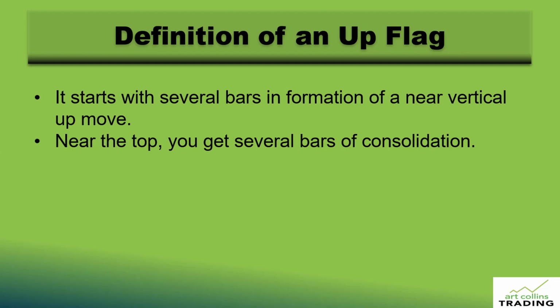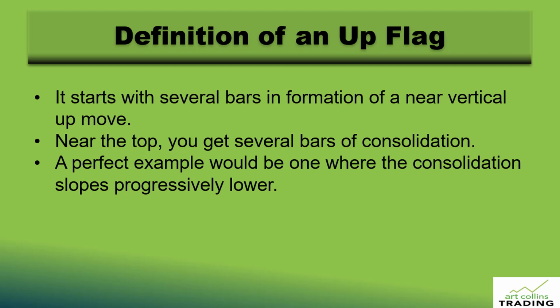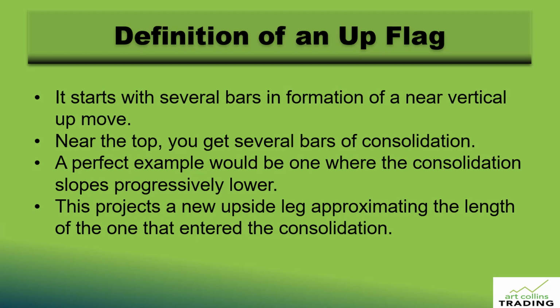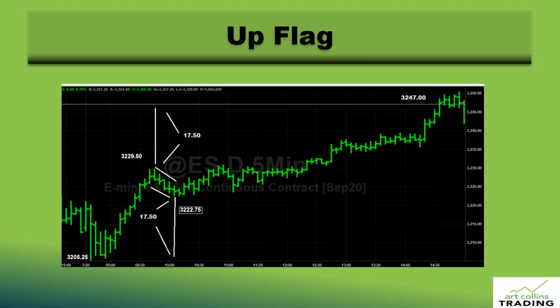They top, and you get several more bars of consolidation. A perfect example would be one in which the consolidation slopes progressively lower. And this would project a new upside leg approximating the length of the one that entered the consolidation.